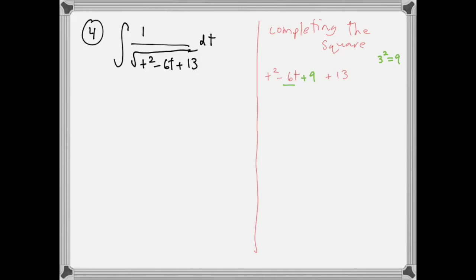Now, of course, if you add 9 to something, you also have to subtract it. Otherwise, you are changing its value, right? And we're not allowed to just change it. So now we have t squared minus 6t plus 9, and then plus 4. The reason why we completed the square is that now this is a perfect square, isn't it? This factors to t minus 3 squared.